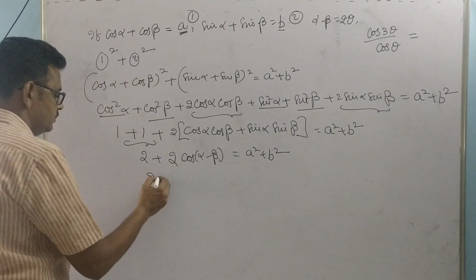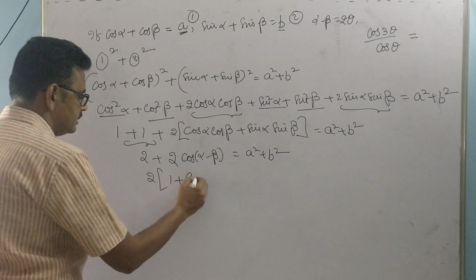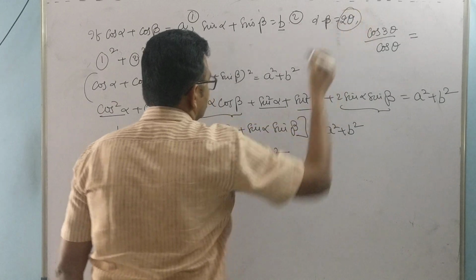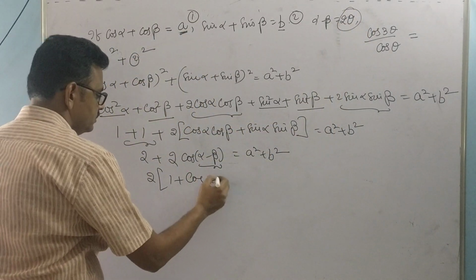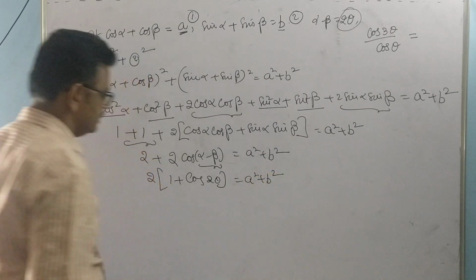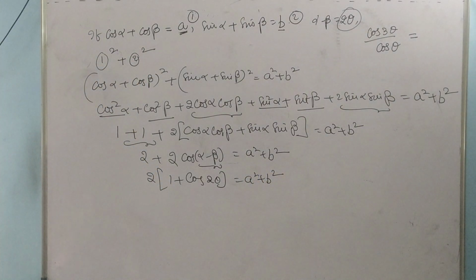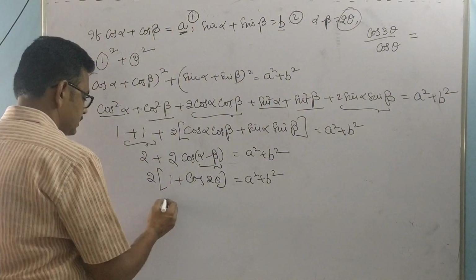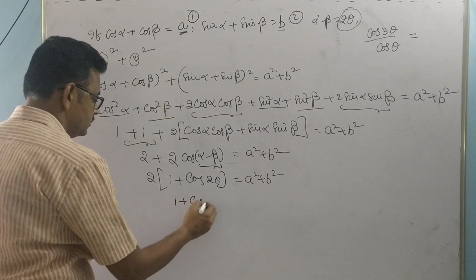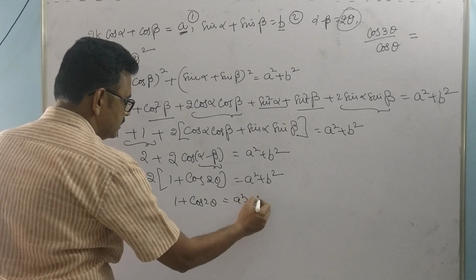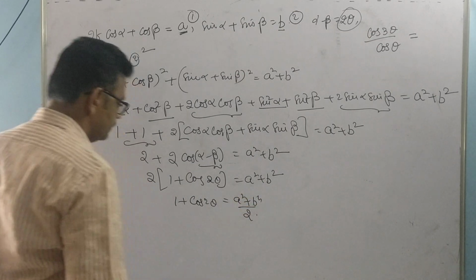So, 2 is taken common: 2 times (1 plus cos of alpha minus beta), where alpha minus beta is given as 2 theta, is equal to a square plus b square. So this is 1 plus cos 2 theta equals a square plus b square by 2.